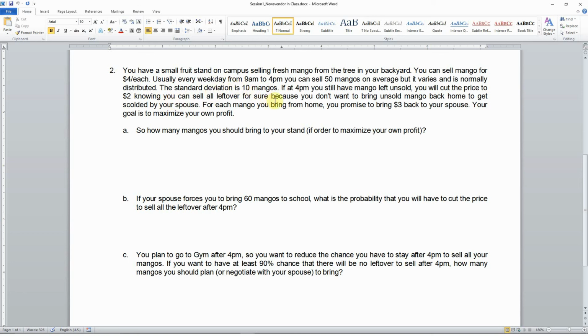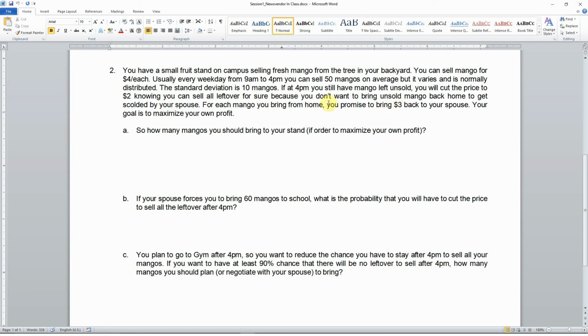So if around 4 o'clock when I want to take off I have mangoes unsold, I'll cut the price to $2, half price, knowing that we can sell the leftovers, because we don't want to bring any unsold mango home and get yelled at by whoever is there expecting us to sell the mangoes. So for each mango we bring from home, we promise to bring back $3. That's how much we pay for the mango.